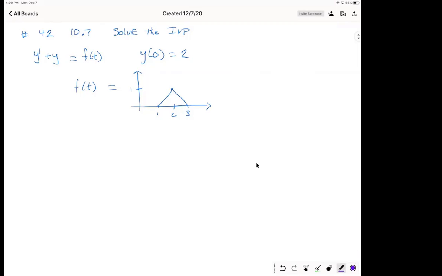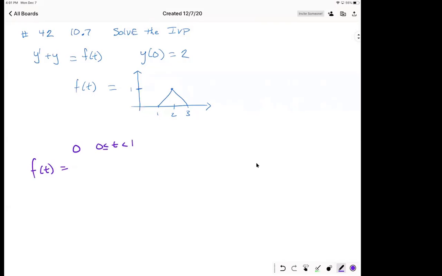Okay, so let's first draw a piecewise function from our picture. So it looks like from 0 to 1, we have nothing going on. So 0, when time is between 1 and 0.